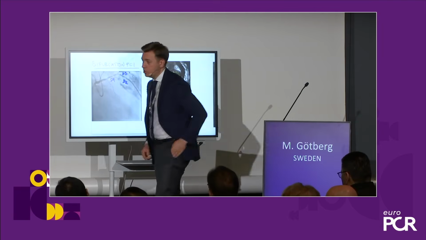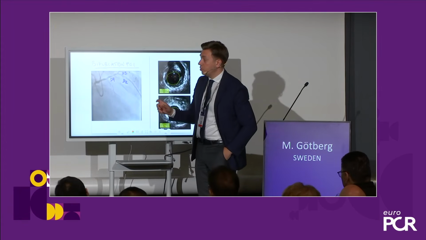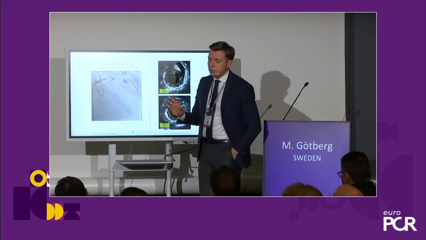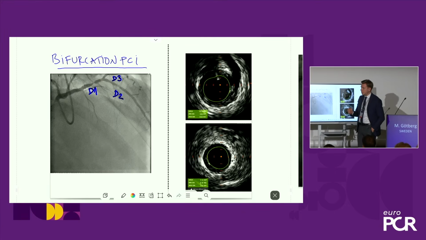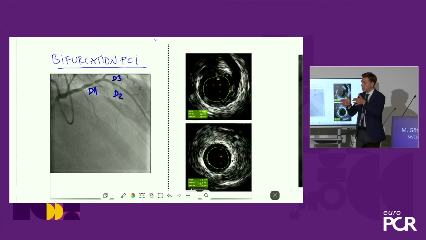Yeah, there was one. I think this was a nice case because it was a case of bifurcation PCI. And I think there was one moment, and that's performing POT, where I may argue that in some instances you would need a small puff of contrast. So I don't know how you see it, but when you're performing POT, you of course want to adapt the proximal vessel to the diameter which is larger.